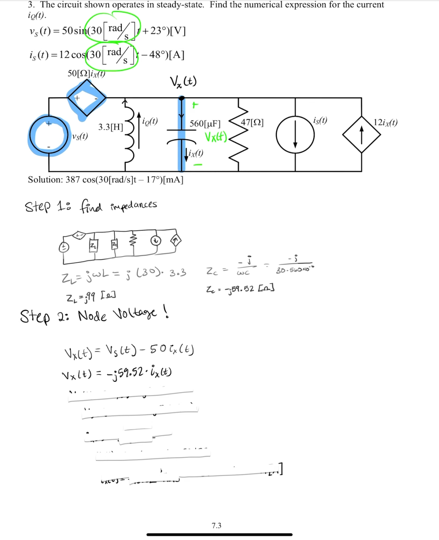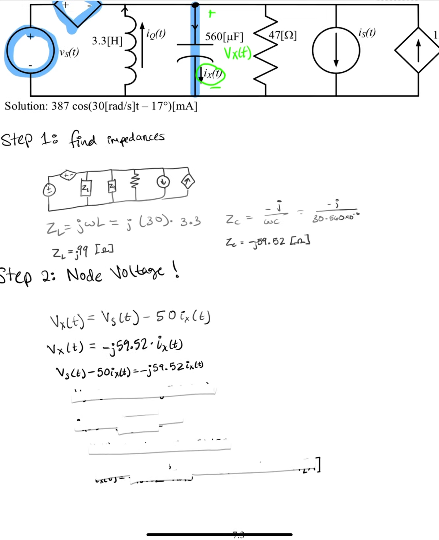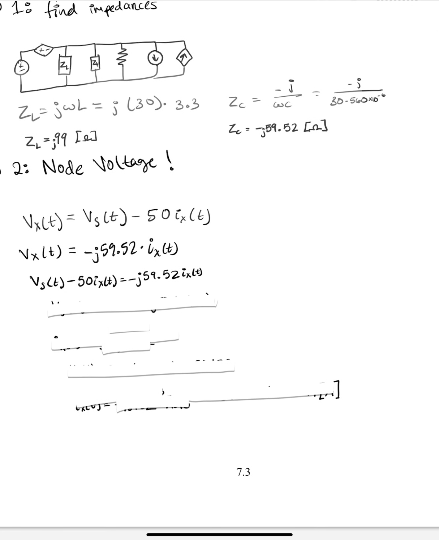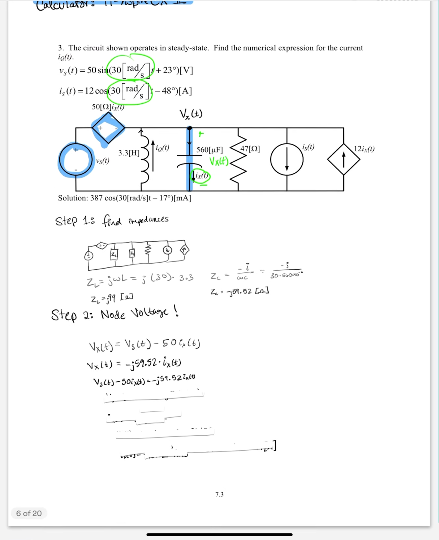So we know the impedance through here now from our previous step, so we can multiply this by our Ix of t since we know the current there. So now we have two equations in terms of Ix of t. We can set these equal to each other to find Ix of t, since we do have our Vs of t value given in the problem statement.